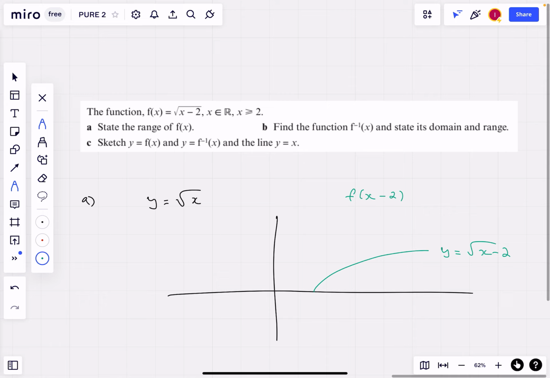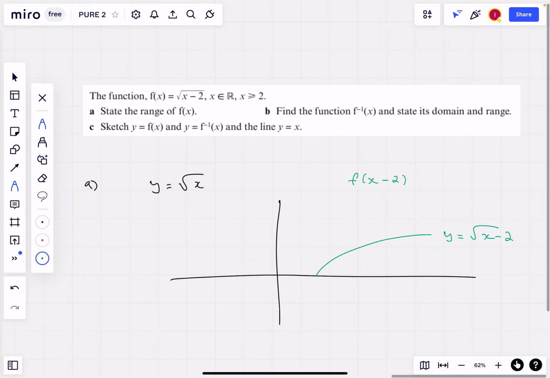It's asking for the range. The range is any value of y provided that it's greater than or equal to 0. So the range is y can be any real value, and let me redraw that.